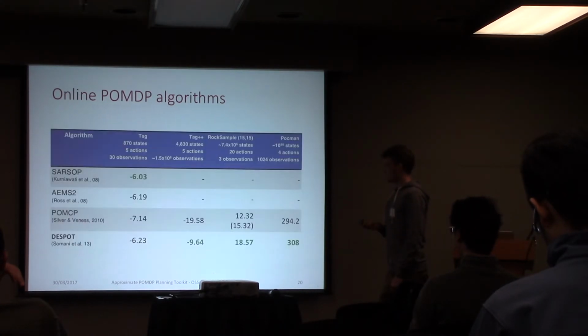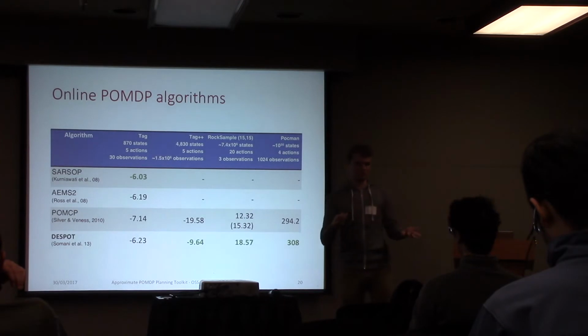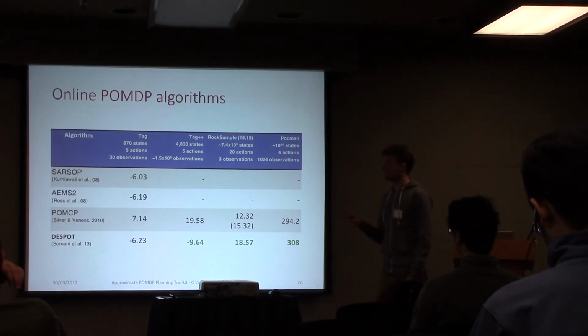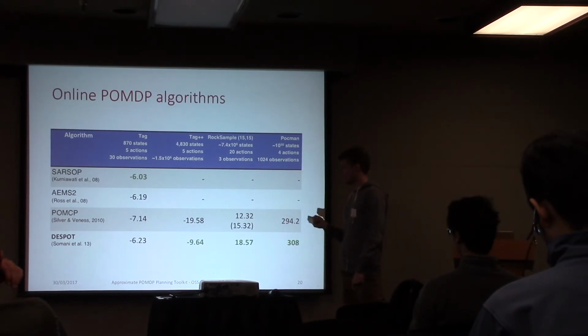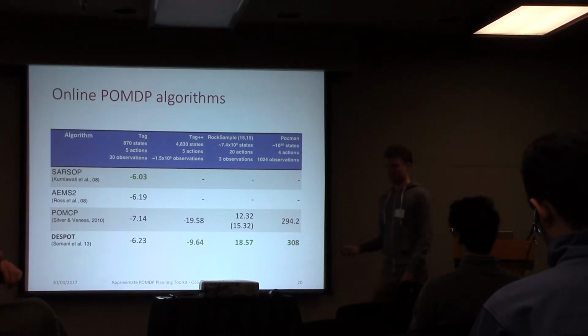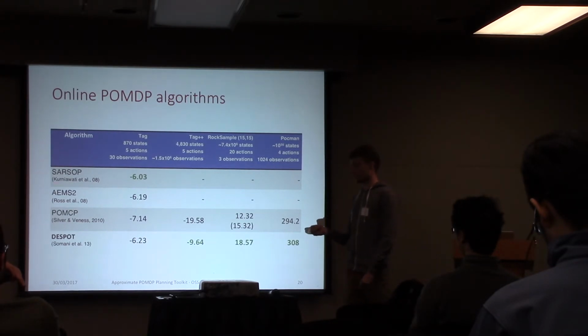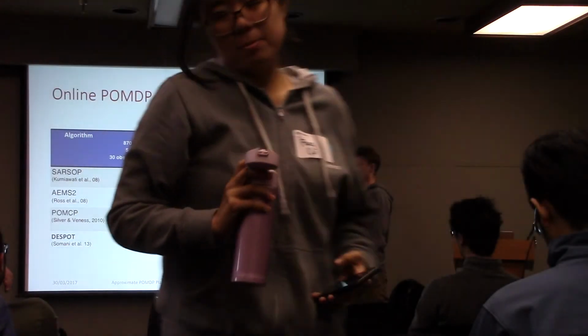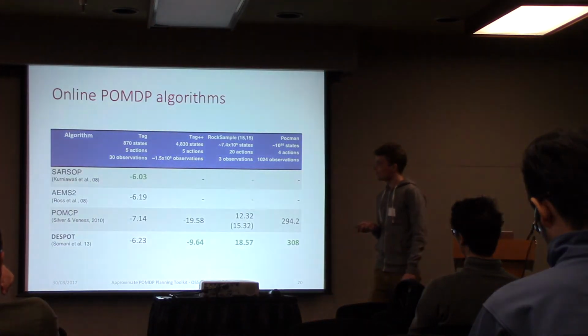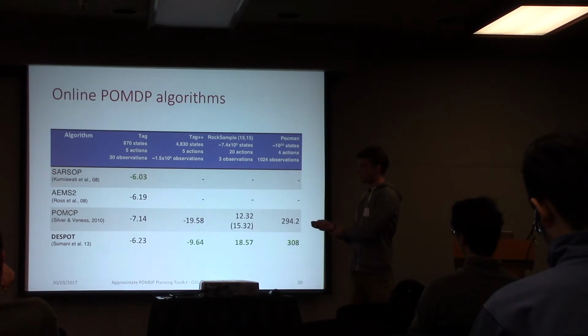But SARSOP still couldn't solve very large problems. What made it possible was the online POMDP algorithm. So this table here shows the expected rewards that different algorithms achieve on different domains. There are different problems with increasing complexity. The first algorithm is SARSOP from the previous time.